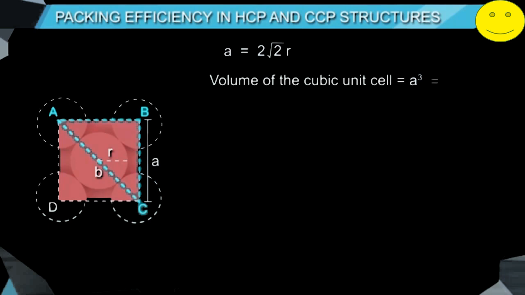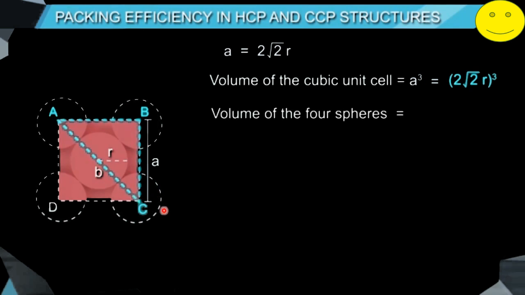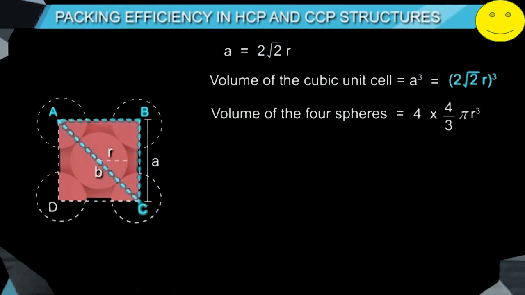You can see only A to this half part will be R radius. Then in the next one, this circle, you will have another half. Then downward another third half, and the rest one, that will be R. A to C will be total 4R. That is why we have taken AC equal to 4R.